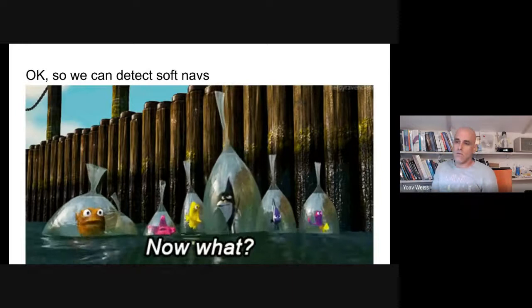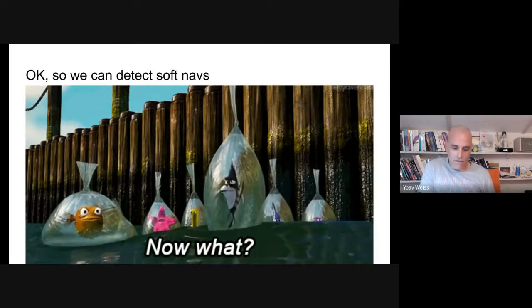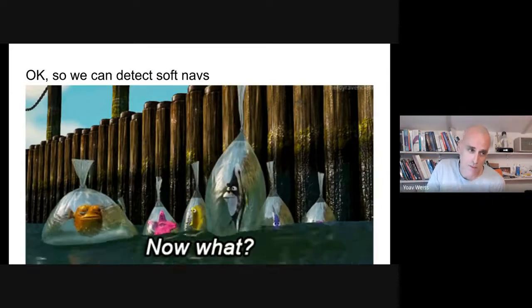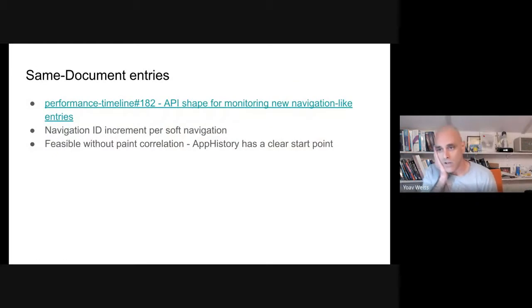Okay, so if we can detect soft navigations, what do we do with that? So Dominic made the proposal for reporting same document entries. Those entries include a starting point, which is the start of the navigate event.